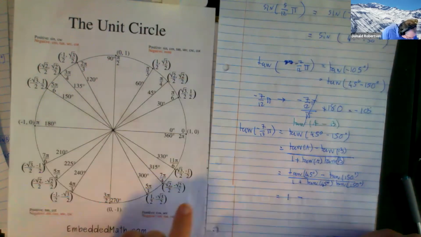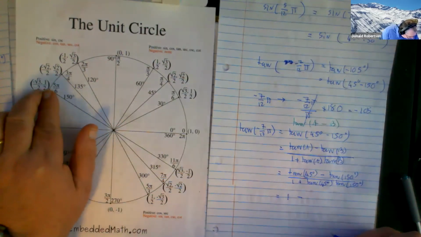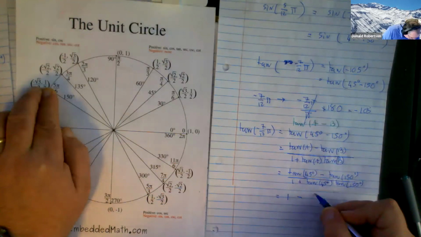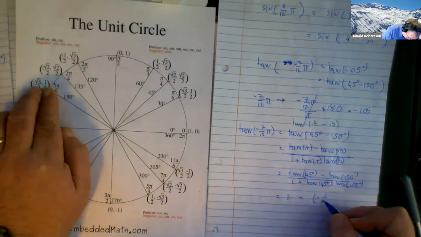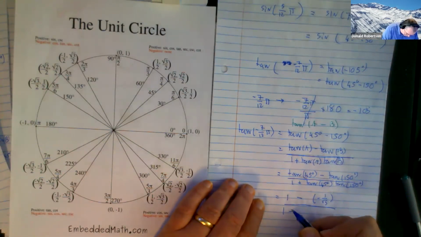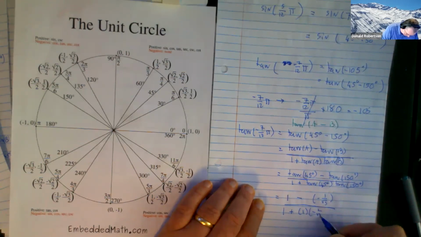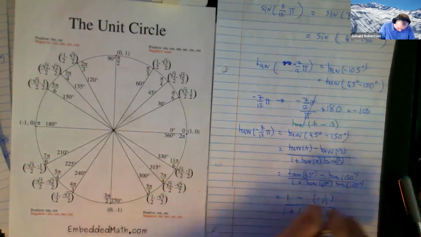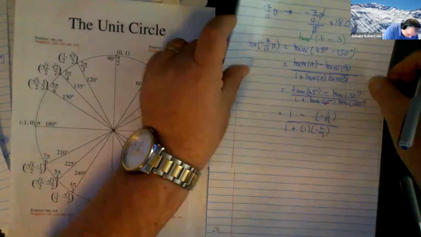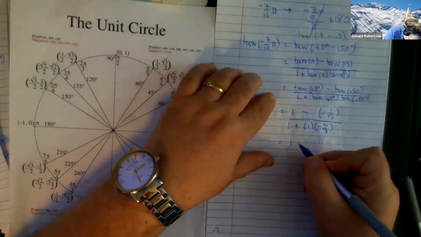Take away tan of 150. If you take the Y and divide it by the X, you get a rather ugly negative 1 over root 3. Then you have 1 plus that times that. Now that I've seen that, I'm kind of glad I did this one, because there are some style points that we can do.